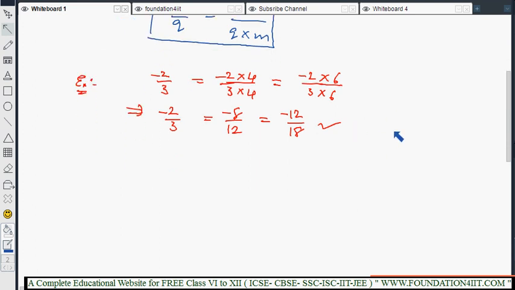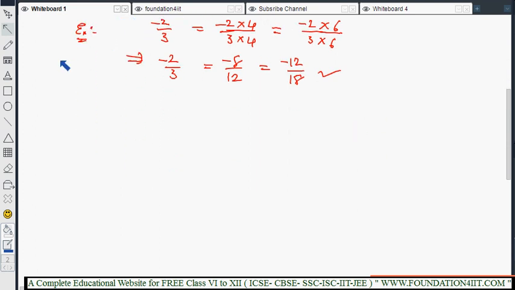Now let us see property 2, the second property in rational numbers. Similarly, in the first property we did multiplication of numerator and denominator. Now this is just division.